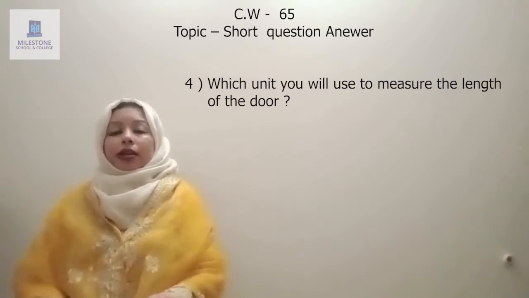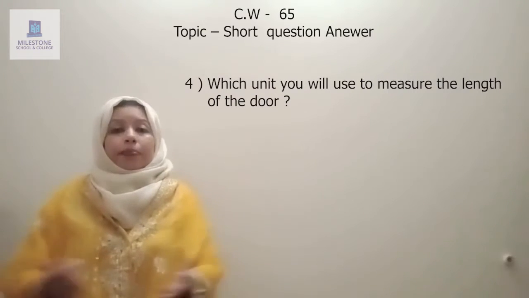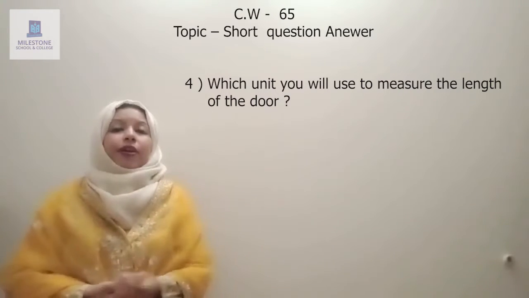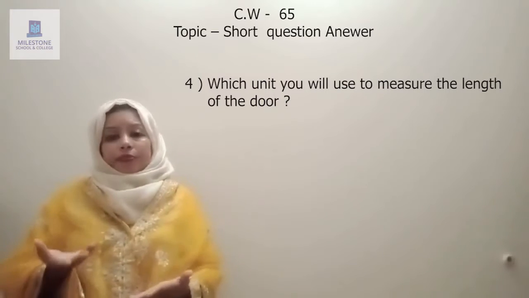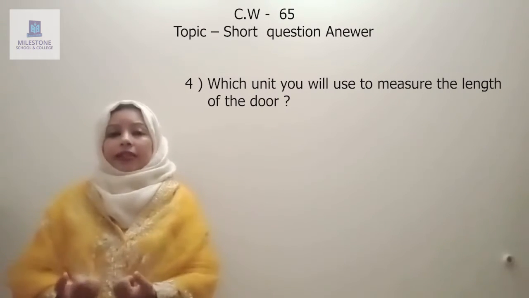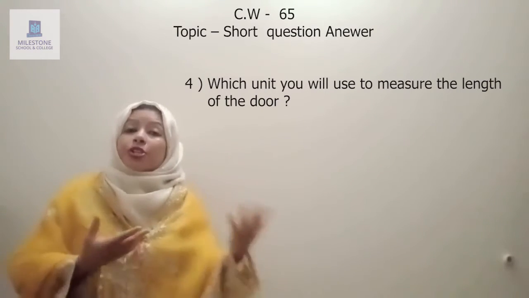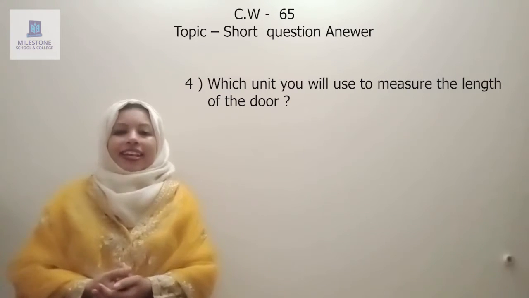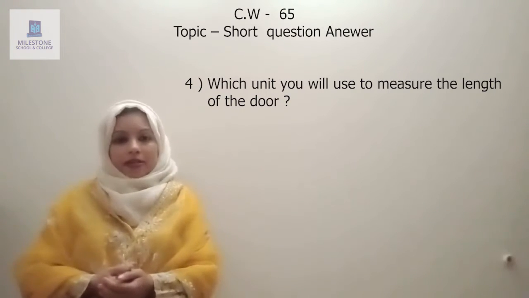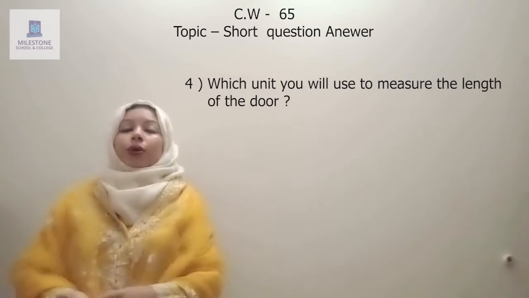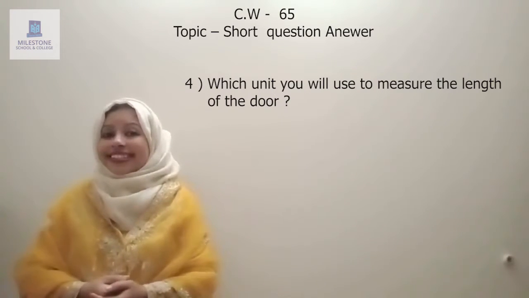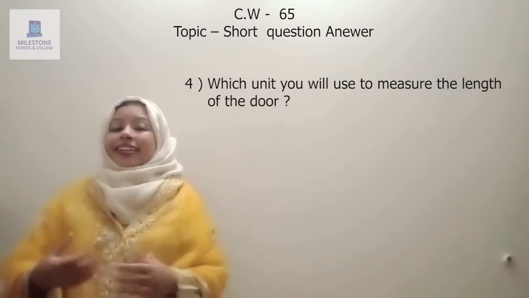We know the length measurement examples are like a door, the height of your friend, your pencil box length, your window length also, isn't it? So it is the length measurement, length of a door. So what is the length measurement unit? Can you remember? Yes.